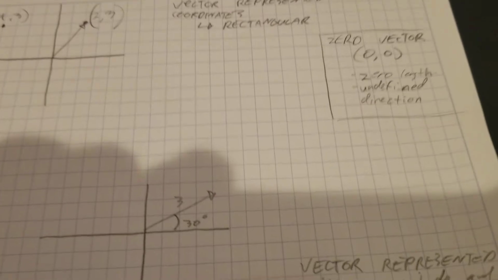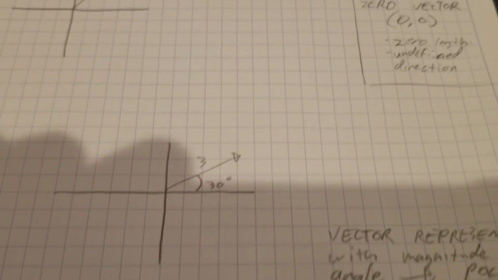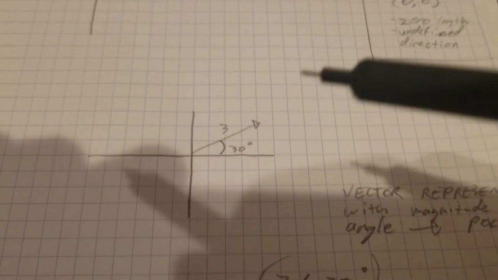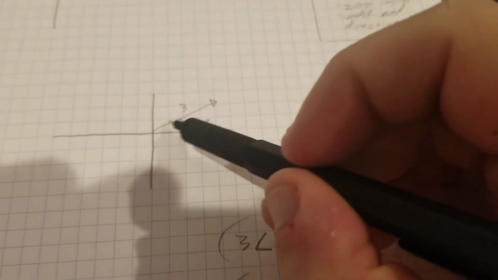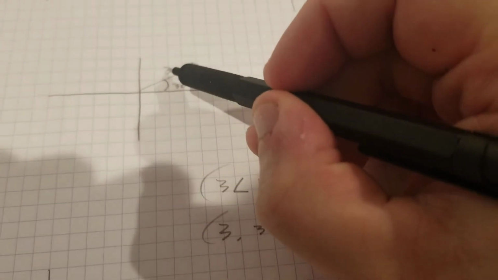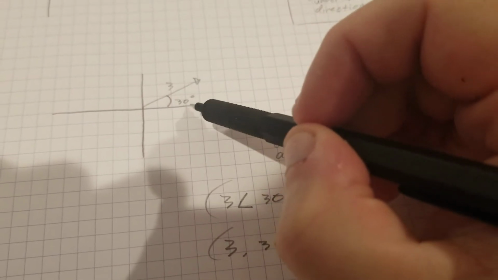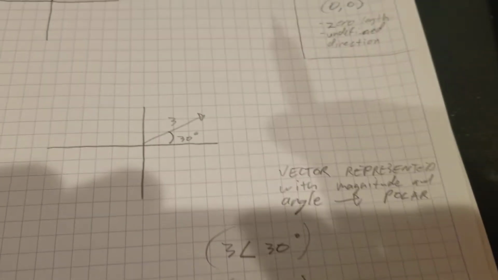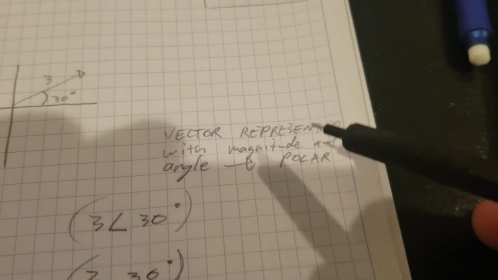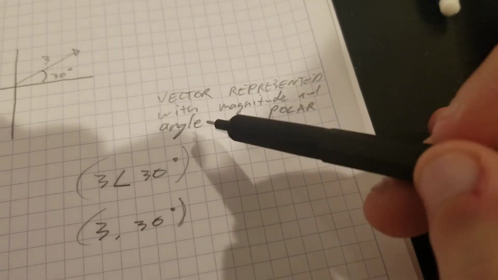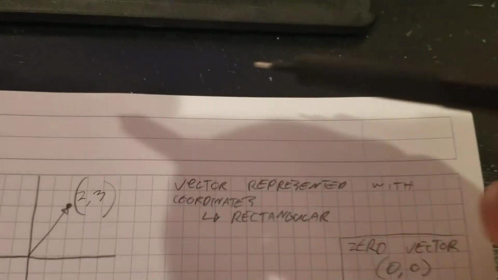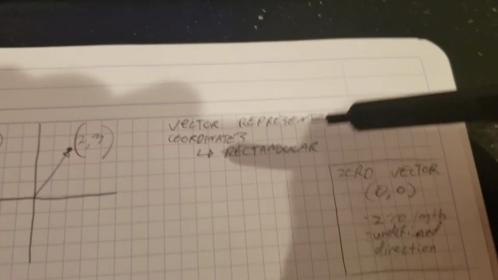As far as the polar form, that's when you've got your magnitude, let's say it's 3 in this case, and then you have an angle, 30 degrees. So when you've got your magnitude and an angle, that's polar. Coordinates are rectangular.